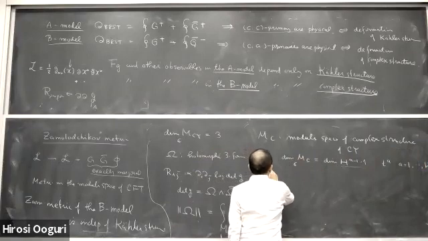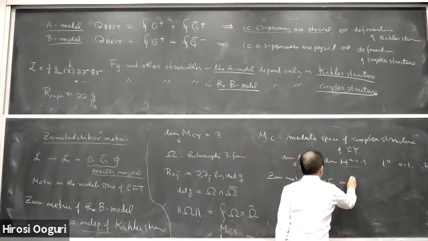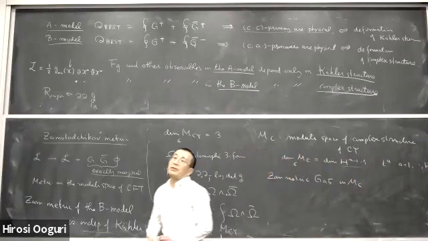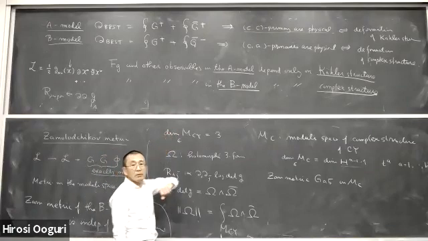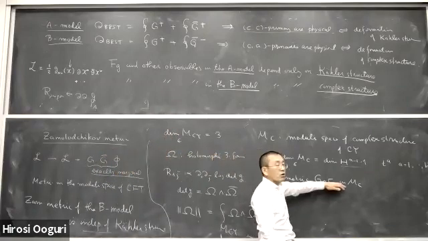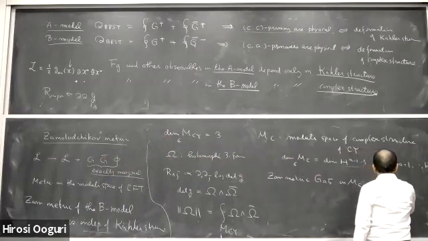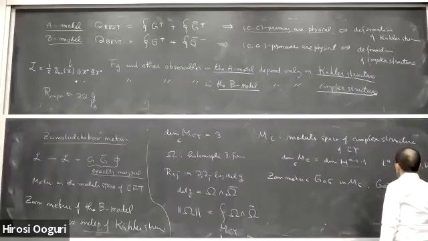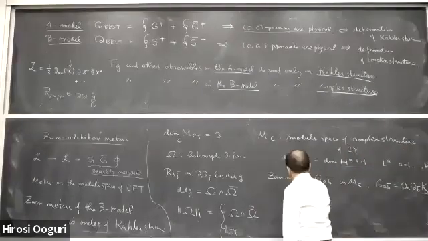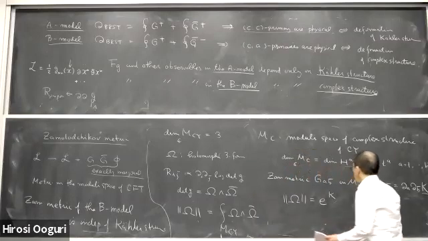Then it turns out that the Zamolodchikov metric, g_{a b̄} on M_C, is itself a Kähler metric. So the Calabi-Yau manifold, the target space of the sigma model, is a Kähler manifold, but the Zamolodchikov metric of its moduli space is also Kähler. Being Kähler, the metric can be written as ∂_a ∂_b̄ of K, and this Kähler potential is related to Ω. It turns out that this is given by e^{-K} = ∫Ω∧Ω̄.